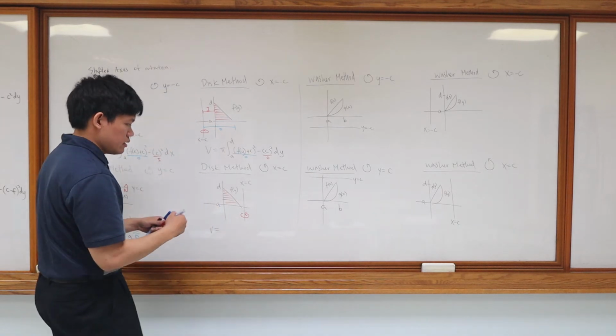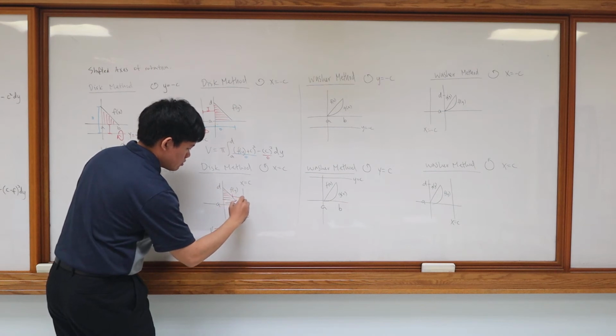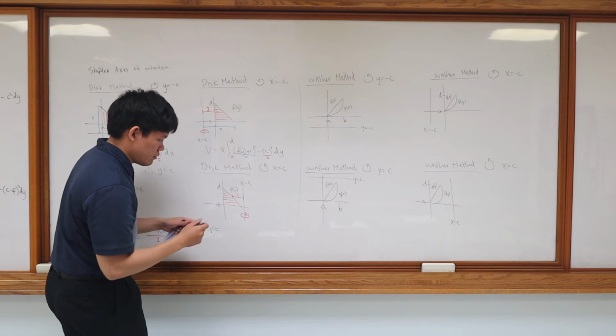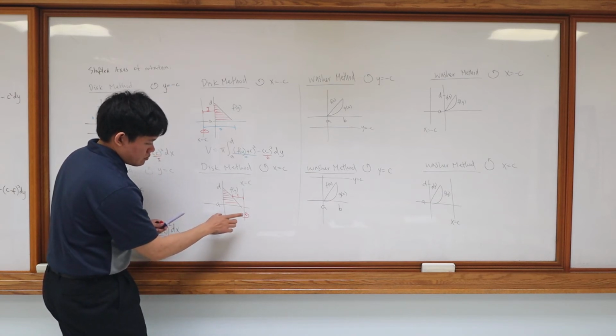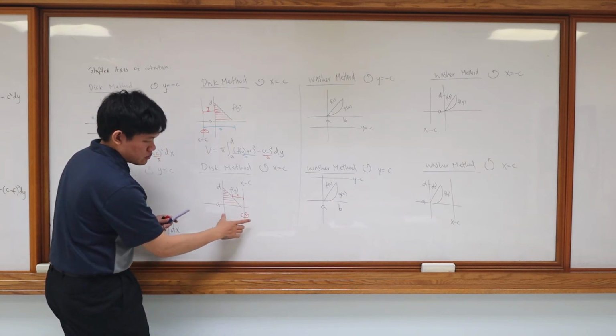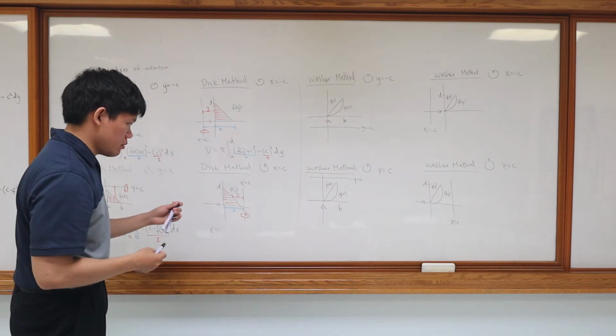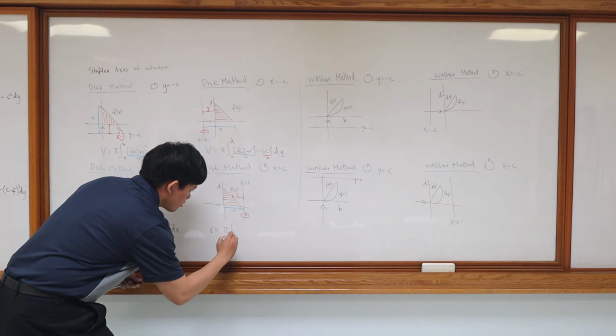My inner radius is from my function to c. My outer radius is from the y-axis to c. So my volume here is equal to pi times the integral from a to d.